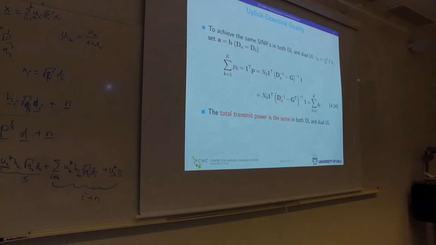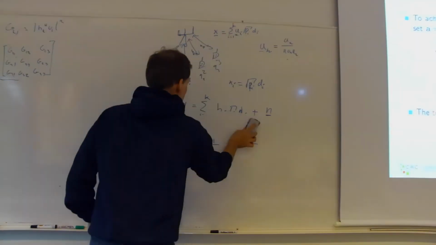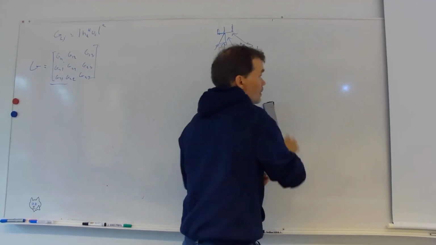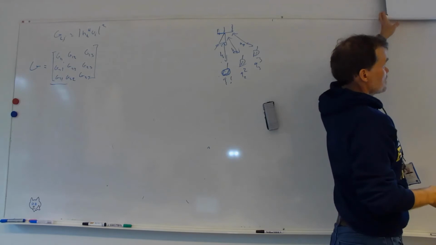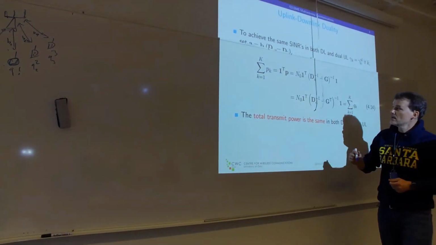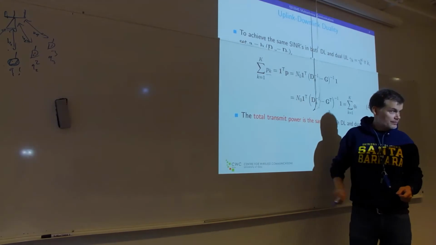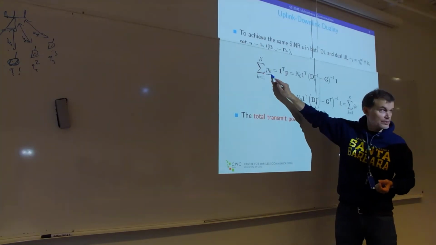A couple of matrix tricks that we have to use to show this equivalence. So fine if I write directly here. Yes. All right. So sum power in the downlink, obviously it's just the sum over all users.